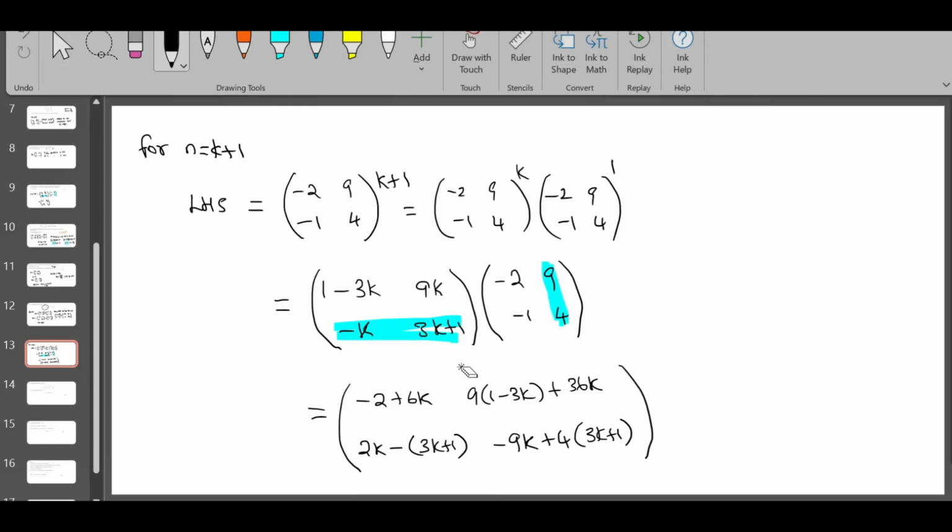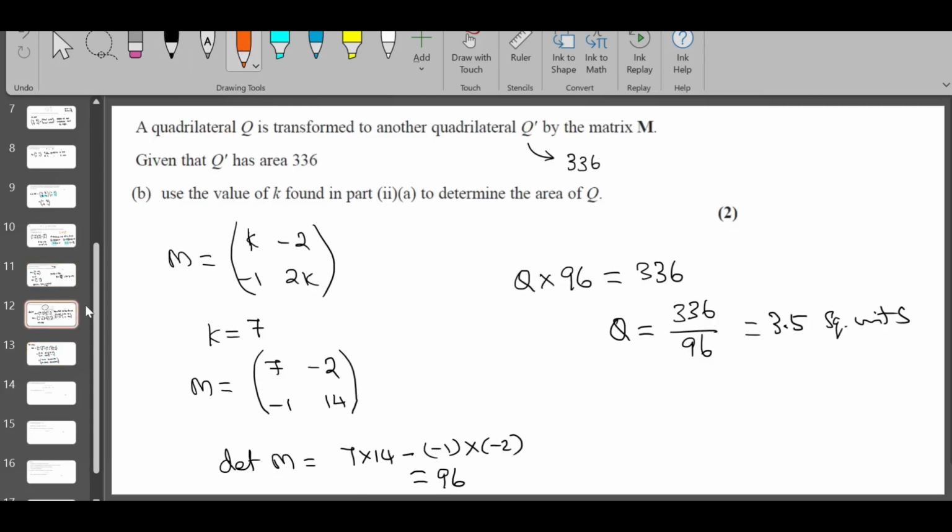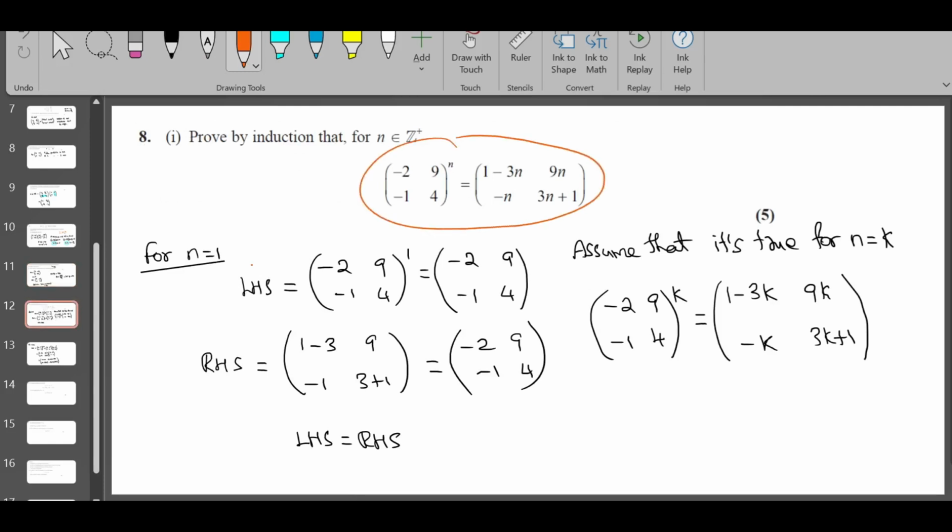Now I'll tell you what I'm trying to do here. Our objective is to prove the given statement, right? This is the given statement. So if you have n here, you need to have 1 minus 3 times n, 9 times n, minus n, 3 times n plus 1. So if you have k plus 1 instead of n, that's what we are doing here.